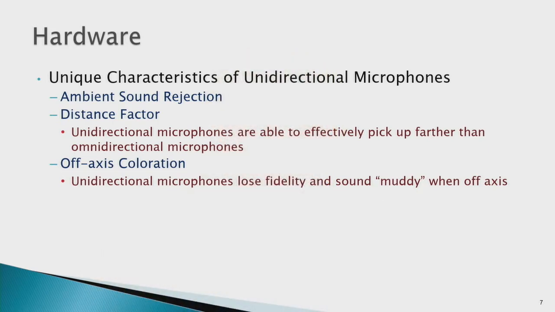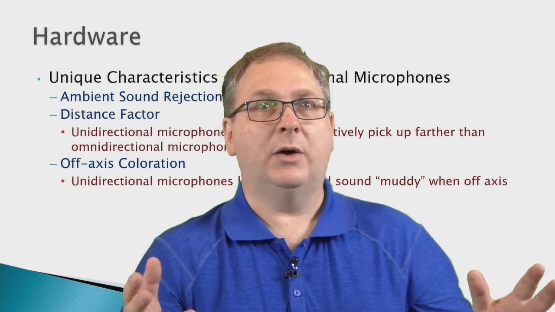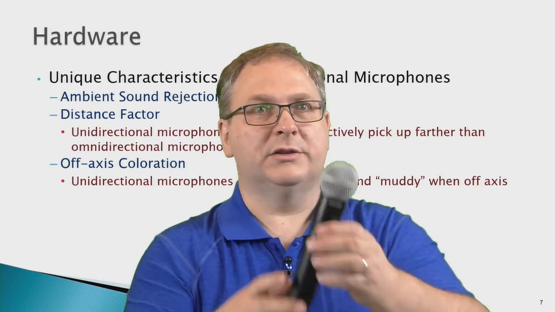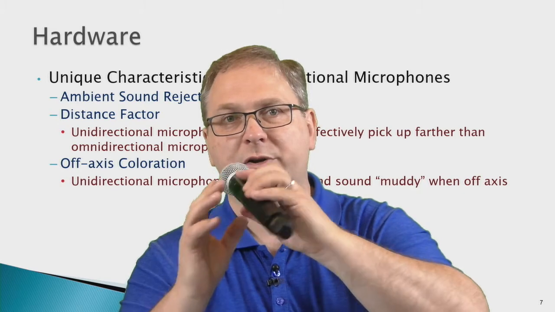There's also off-axis coloration, which is that unidirectional microphones will oftentimes lose fidelity and sound muddy when they're off-axis, whereas an omnidirectional microphone will sound clear all the way, regardless of where you have that microphone or where you're talking into it.